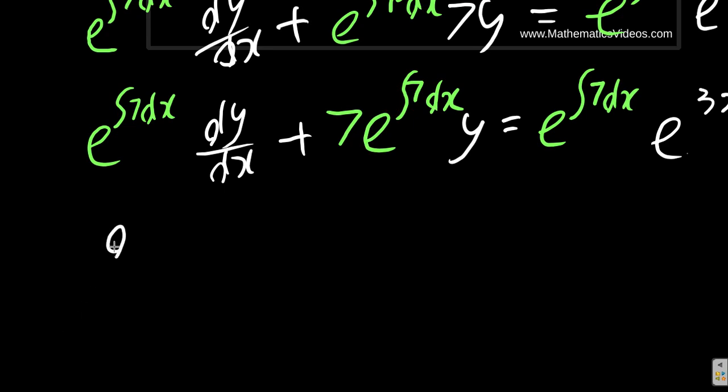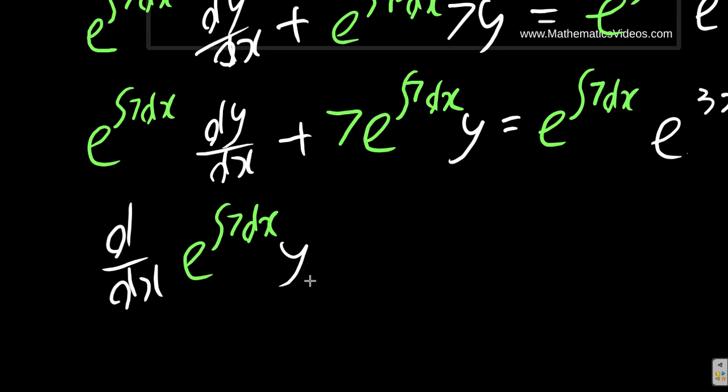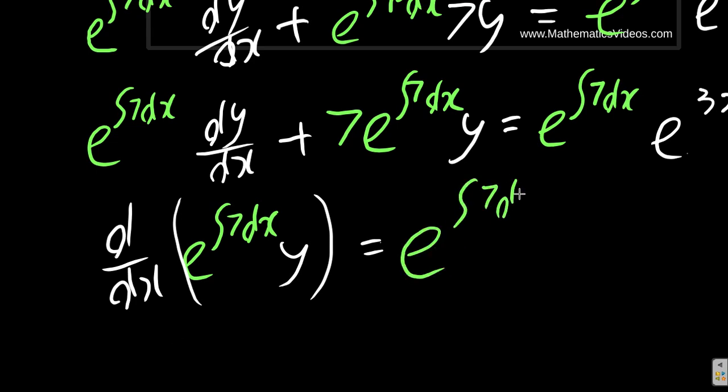So what we have is the derivative with respect to x of e to the integral of 7 dx times y. We differentiate this product, and that's equal to e to the integral of 7 dx times e to the 3x. Good.